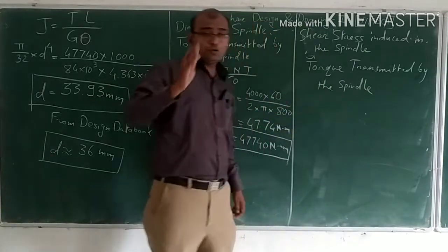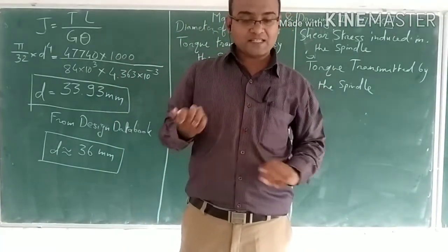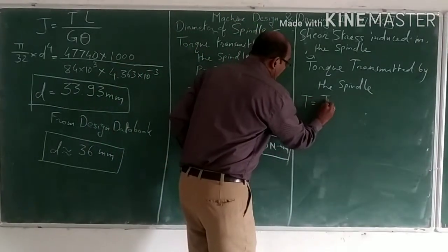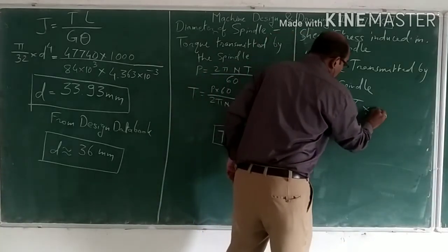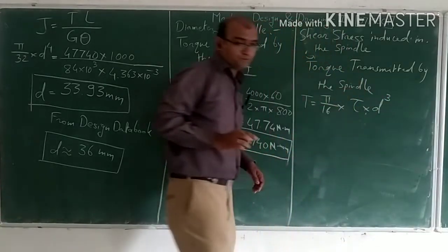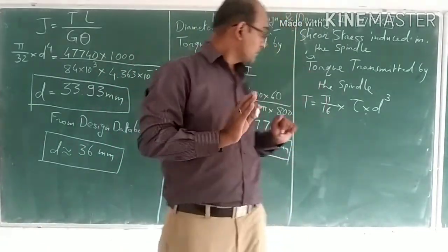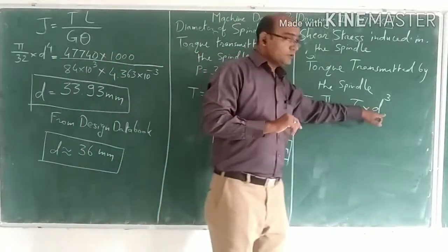You know the formula related to torque: T equal to pi by 16 into tau into d cube. T is already calculated, d is already calculated.